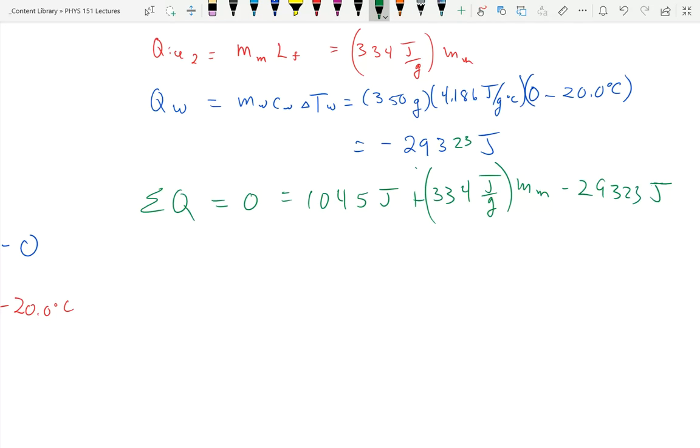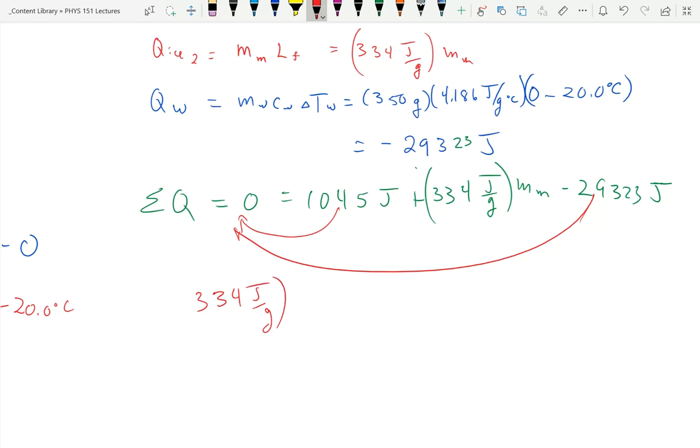So now I just move these two numbers to the other side of the equal sign. So if I take 29323 minus 1045, what do I get? 29302. Okay, we can't agree on what that number is.